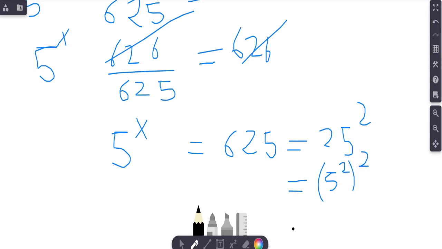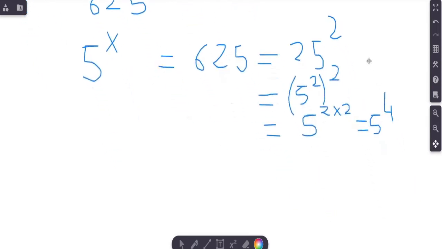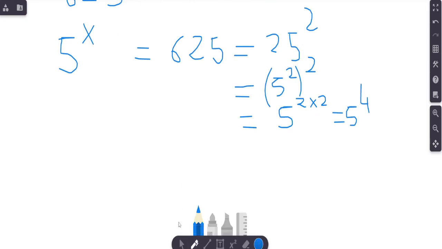When we have a nested exponent, we can multiply the exponents. So this is 5 to the 2 multiplied by 2 multiplied by 2, which equals 5 to the 4. So we have 5 to the x equals 5 to the 4. Therefore, x equals 4.